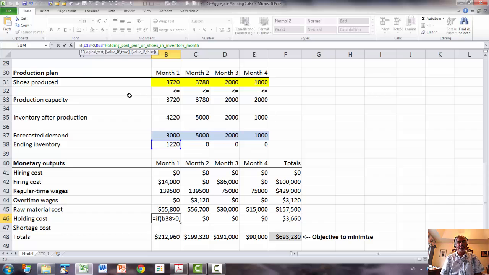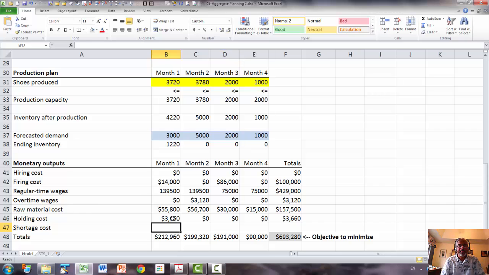Only if it is greater than 0, you will have B38 times the holding cost. Otherwise, the holding cost will be 0. I copy that.